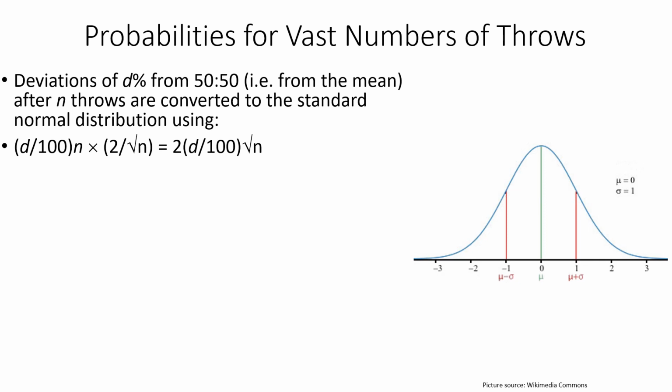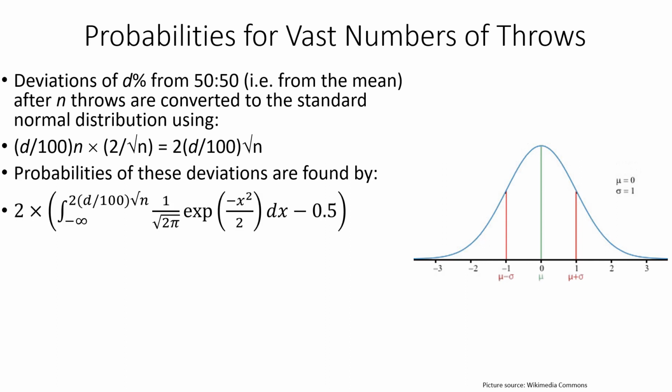So what we need to do is convert it to the standard form of the normal distribution. So we've got that multiplied by 2 over root n factor in there, and also we need to subtract the n over 2. Because this deviation is from the 50-50, that 50-50 is the n over 2. By having not written n over 2 there, we've subtracted it off.